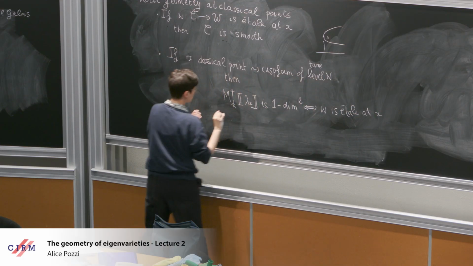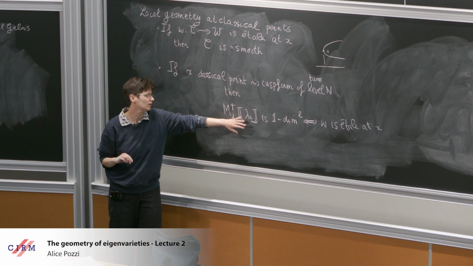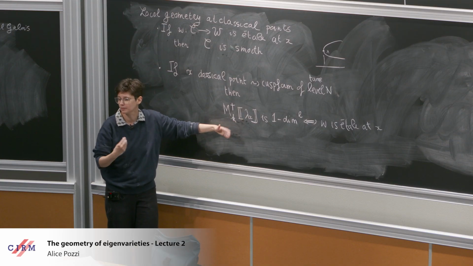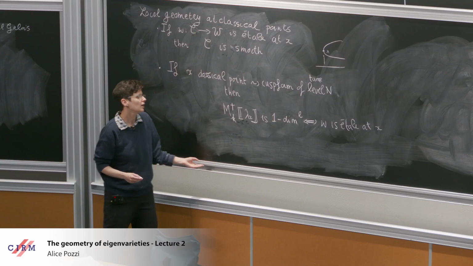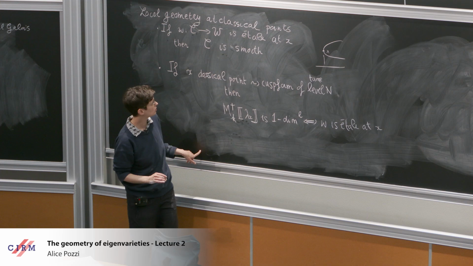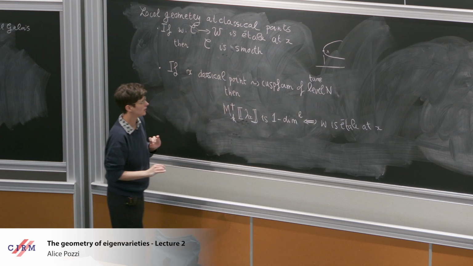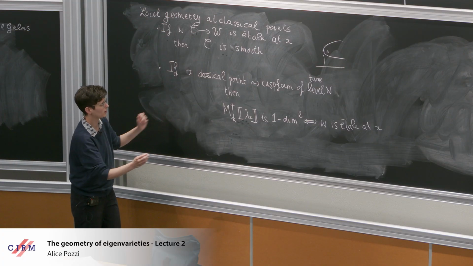In general, I will have to be a bit more precise here. I probably want to say that the correct statement would be that this corresponds to the classical space, because I can have a bigger space of eigenvectors, but there is also something to worry about in terms of levels. But okay, so this is the picture.